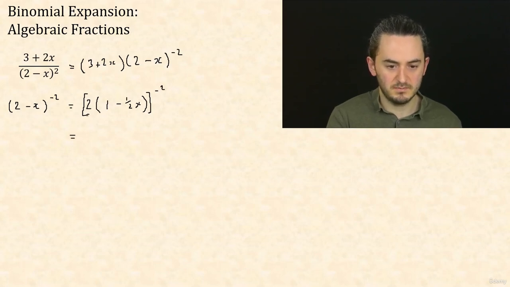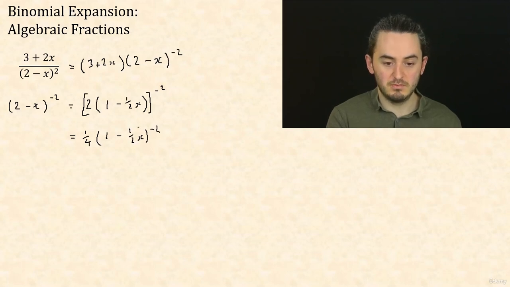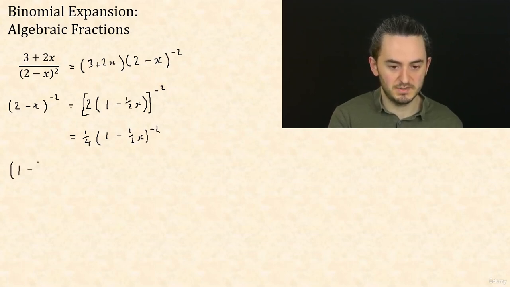What does that give me? It gives me 2 to the power of minus 2, so 1 over 2 squared, which is 1/4, and then 1 minus a half x, all to the power of minus 2. So I just need to do my expansion on this. So 1 minus a half x to the minus 2, actually I'll include my 1/4 there, is 1/4, and now we go with this expansion.